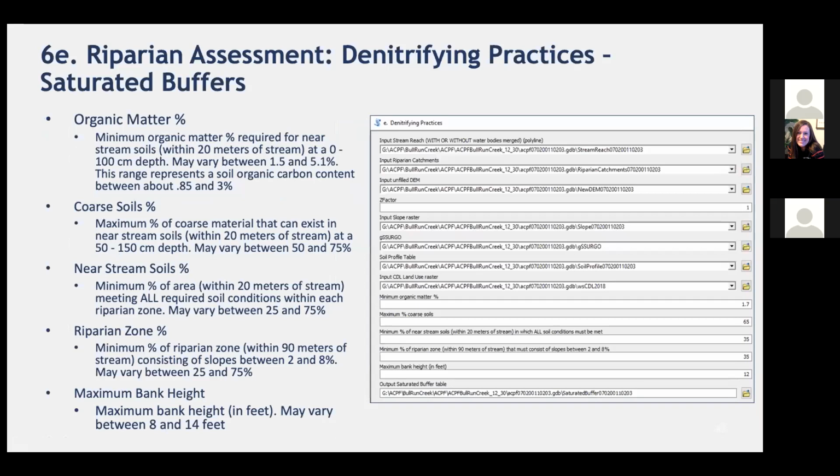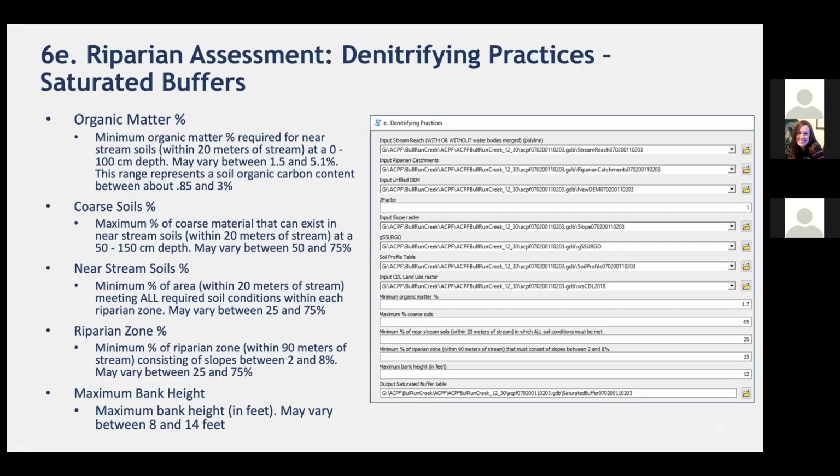The final opportunity is saturated buffers. For each one of those riparian polygons, you can assess the opportunity to place a saturated buffer there. Saturated buffers have some more specified needs than other buffers. There has to be a threshold of organic matter, somewhere between 1.5 and 5.1%.